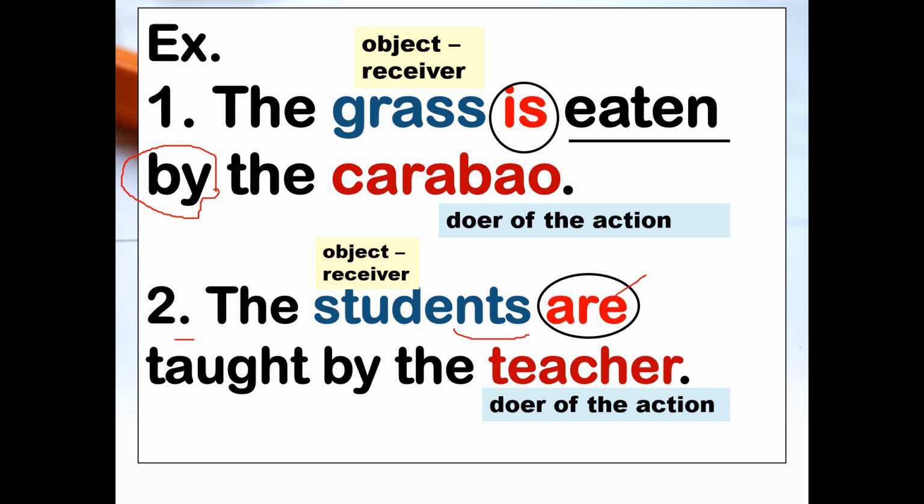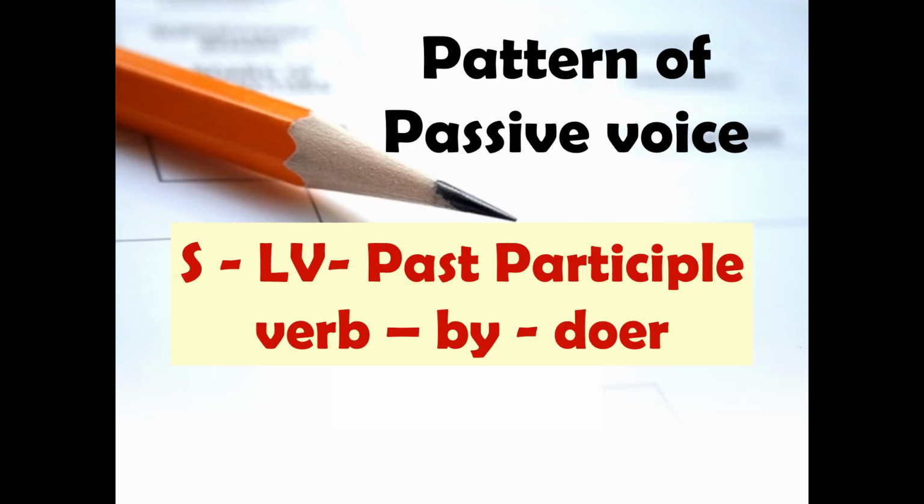So you have to use are. And then the past participle of teach is taught. Alright, so the pattern of the passive voice follows this one. We have the subject, linking verb, the past participle form of the verb. Then you have there the by preposition. After that is the doer.